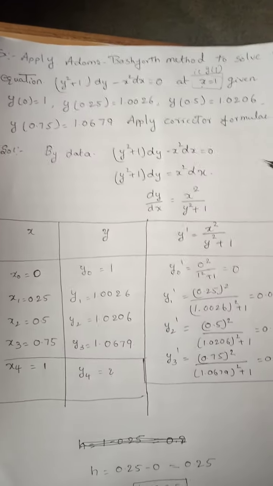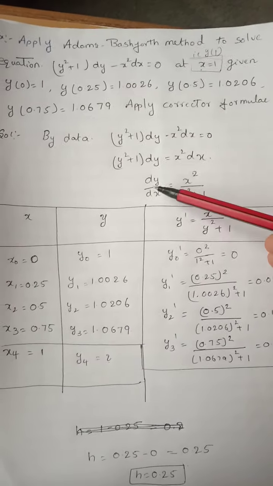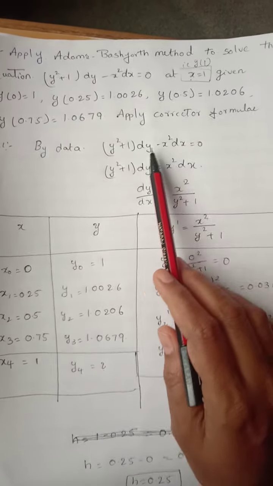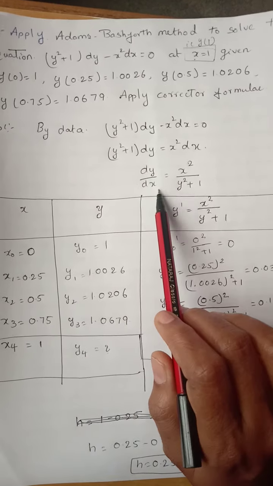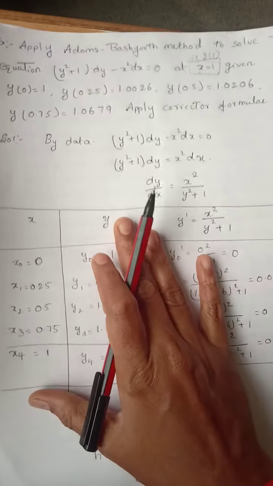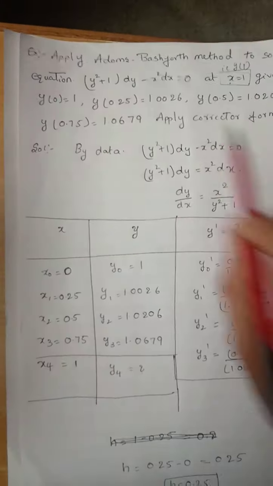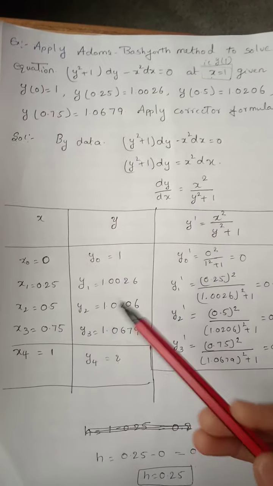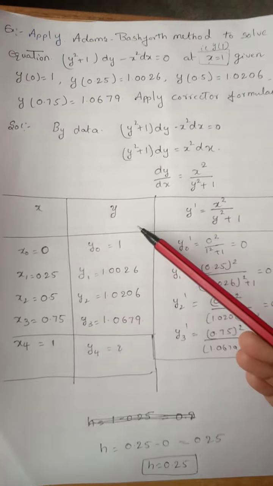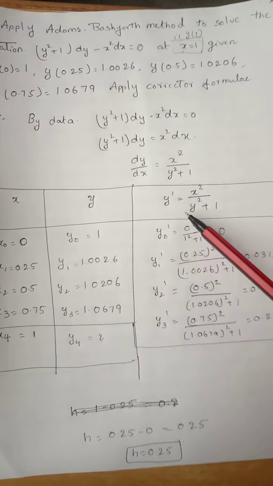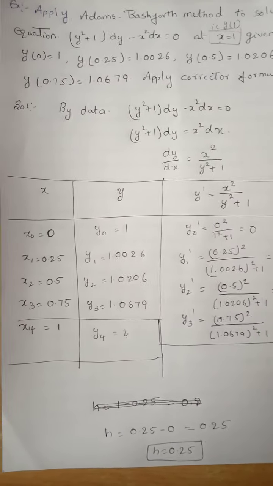First write the given differential equation in the dy by dx form. They have given it in this form, so take the term to the right hand side and write the dy by dx form. And the 4 predefined values they have given, write all those values in a table format, that is the x values as well as the y values, and we find the corresponding y dash values.